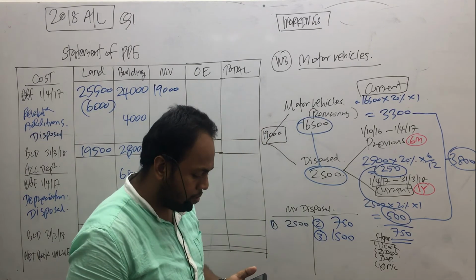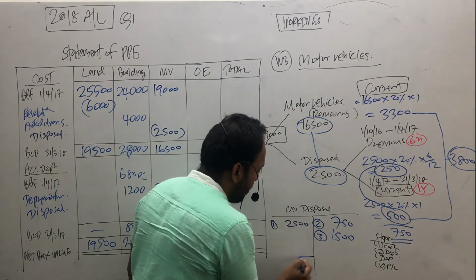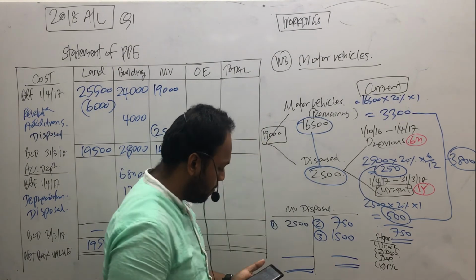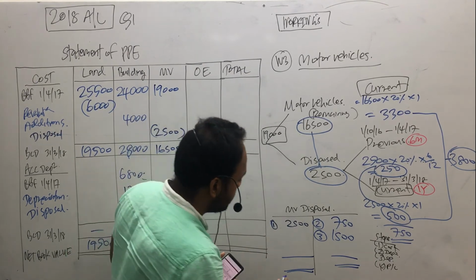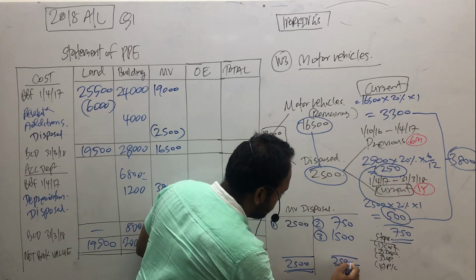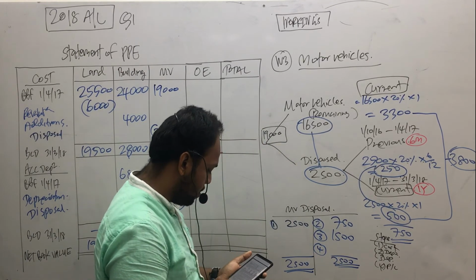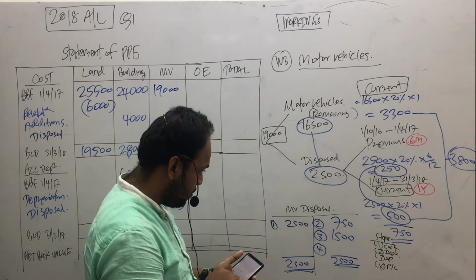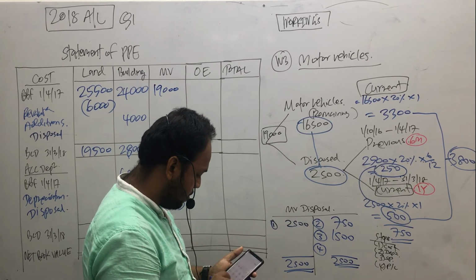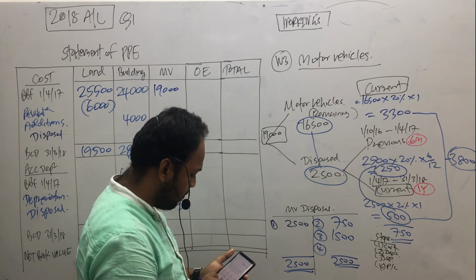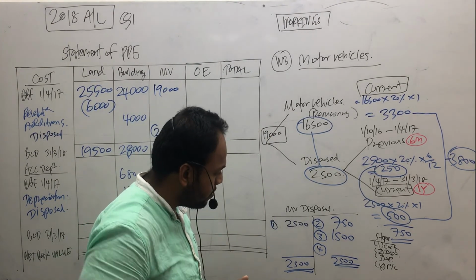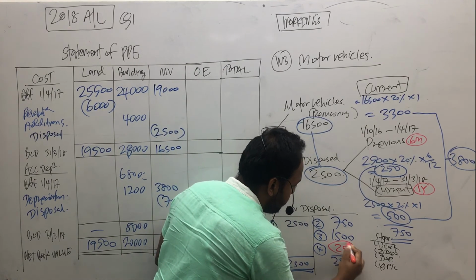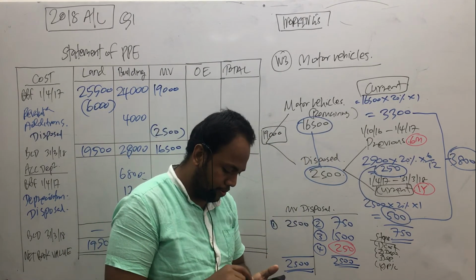Credit, and the cash account is already debited, and the disposal profit or loss can be calculated by balancing the account. 2,500, and it's a loss. 750 plus 1,500, 2,250, and the disposal loss is 250, which was recorded in the distribution expense.